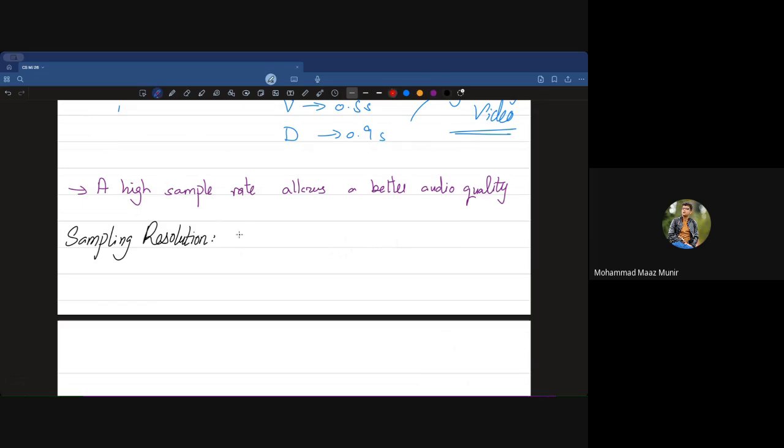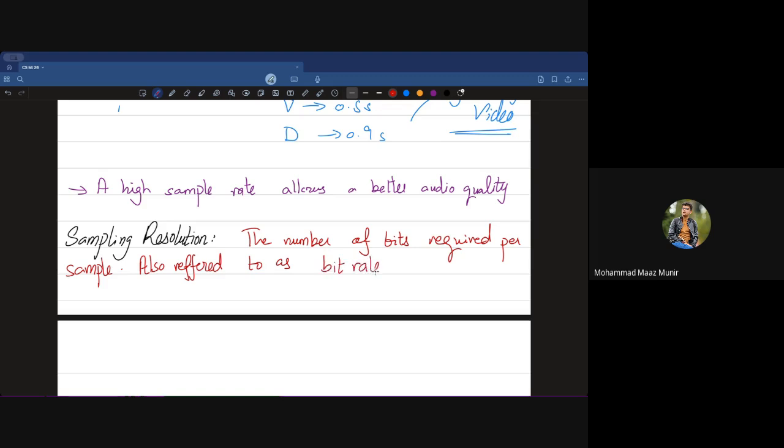The number of bits required per sample. I'm coming to its explanation, don't worry. Another important point is that in your book it is also referred to as bit depth.